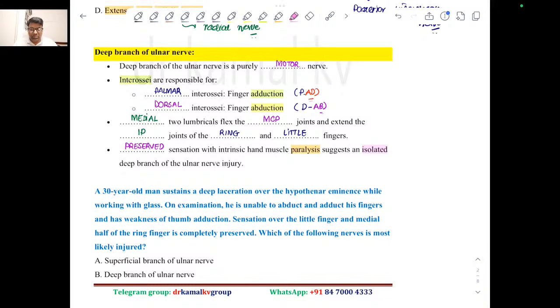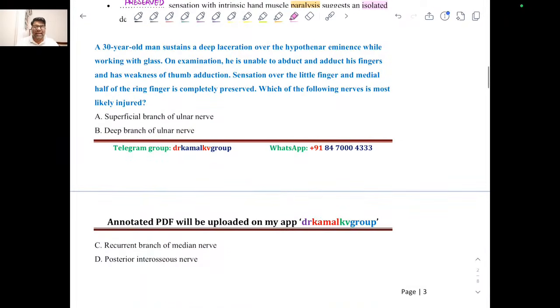Clear? So two purely motor nerves we discussed: the posterior interosseous nerve presenting as finger drop, and the deep branch of the ulnar nerve, which is also a purely motor nerve. Now let us take a few practice questions, and this will make you understand the concept even more nicely.